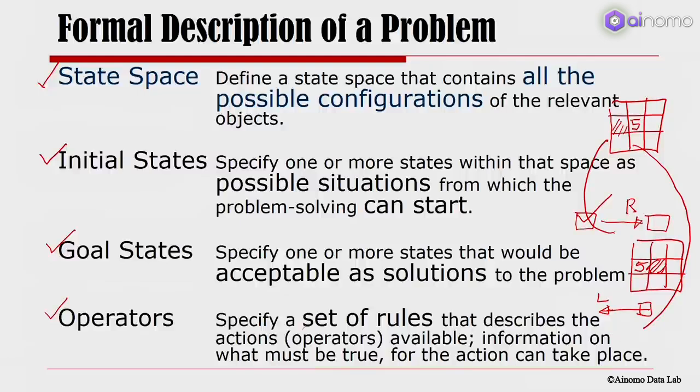So when I specify the set of rules that describes actions or operators, information on what must be true for the action to take place needs to be looked at first, and then the action can take place and can generate new information, as we have seen here.